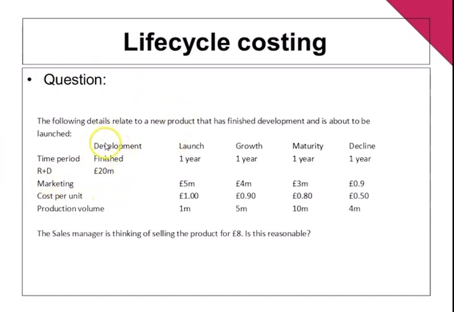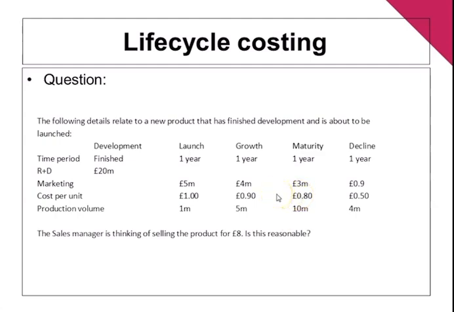So you must take into account its R&D, its first year, second year, third year, fourth year, and for each year there's a cost per unit and a volume. The sales manager is thinking of selling the product for £8. Is this reasonable?